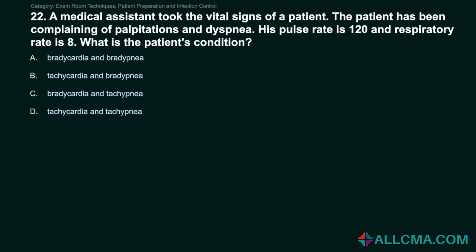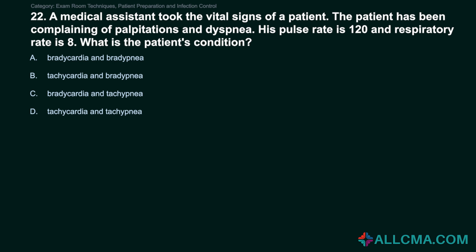22. A medical assistant took the vital signs of a patient. The patient has been complaining of palpitations and dyspnea. His pulse rate is 120 and respiratory rate is 8. What is the patient's condition? A. Bradycardia and bradypnea. B. Tachycardia and bradypnea.